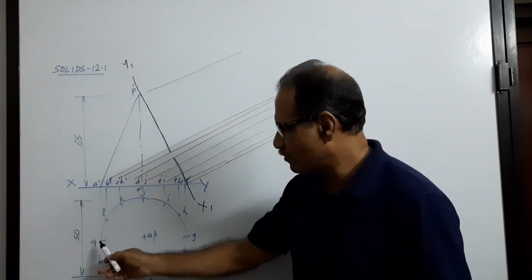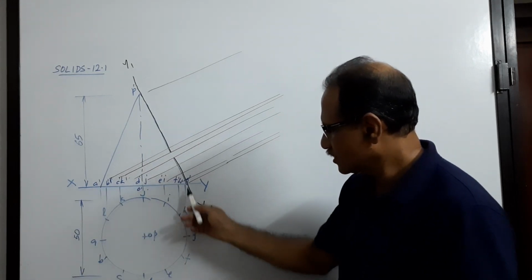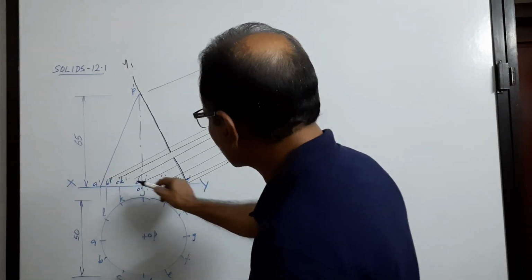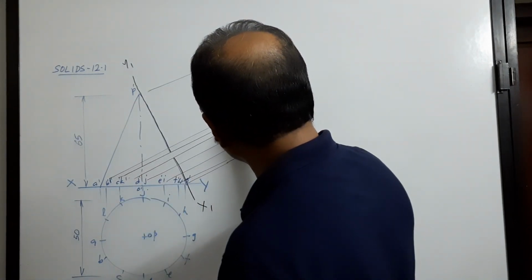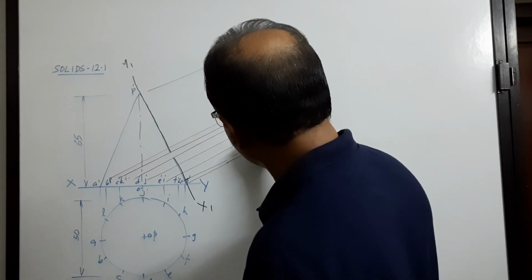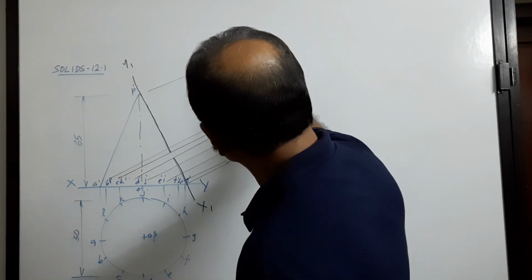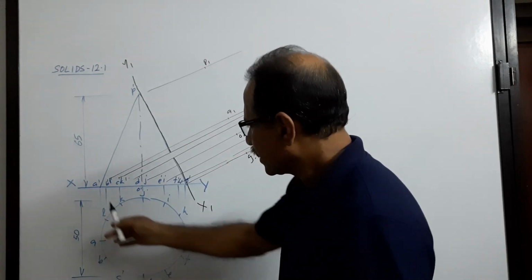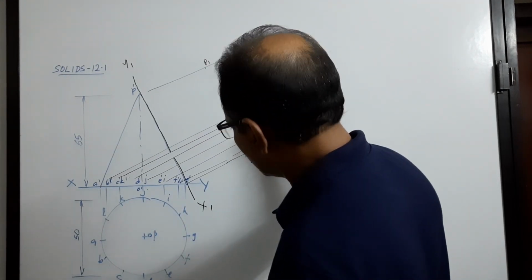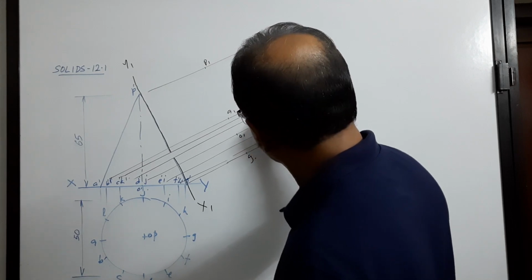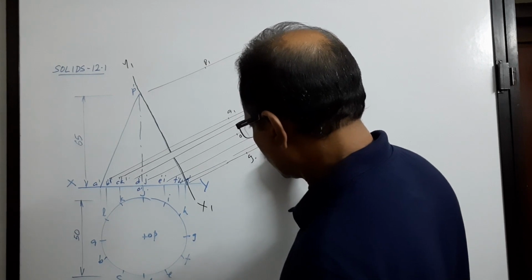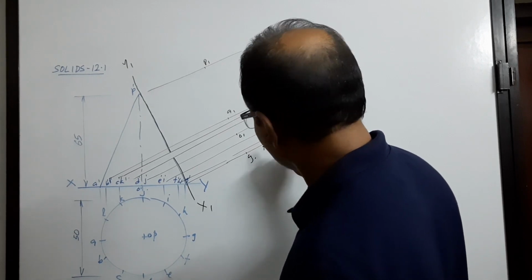Take the distance of A from xy, that is the same as G from xy, the same as O and P from xy. Take the distance and mark on the projector through A dash to get A1, on the projector through G dash to get G1, O dash to get O1, and P dash to get P1. Distance of B from xy, B1, same is F1.